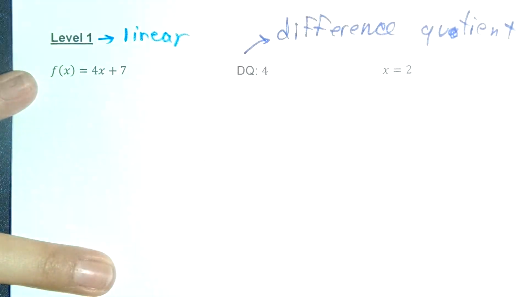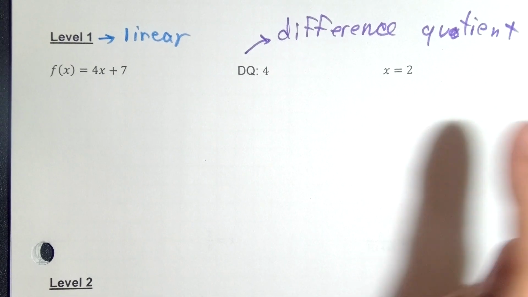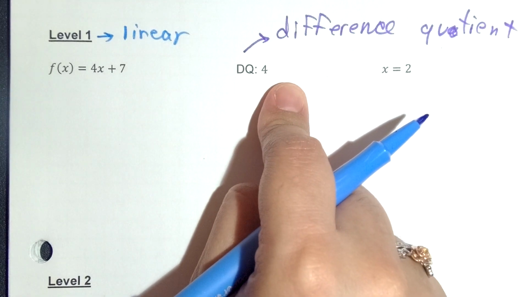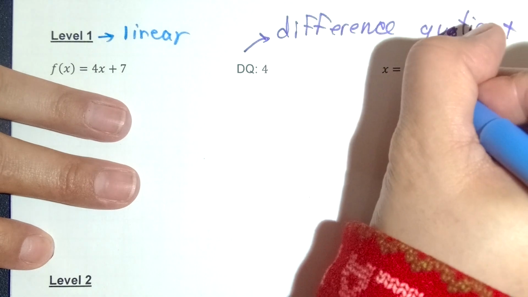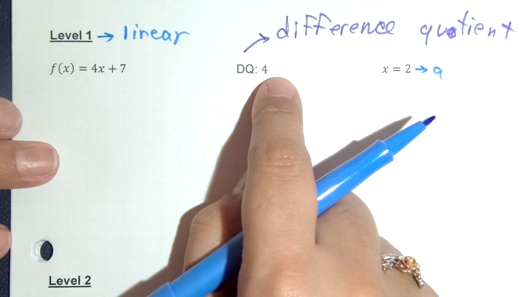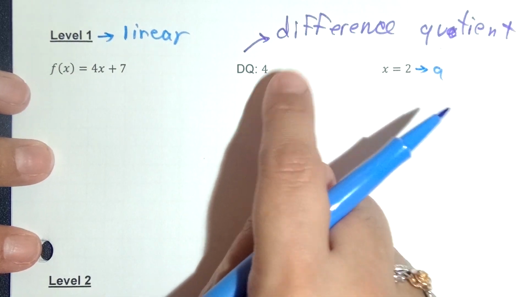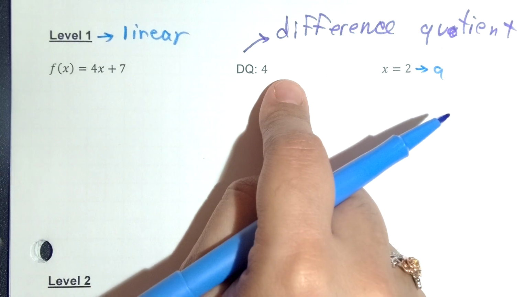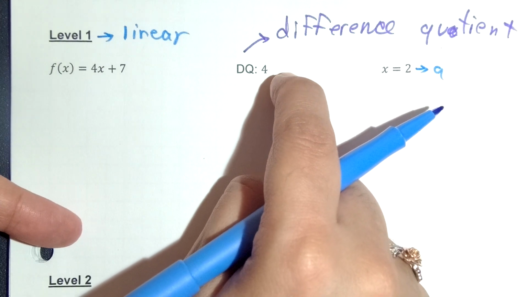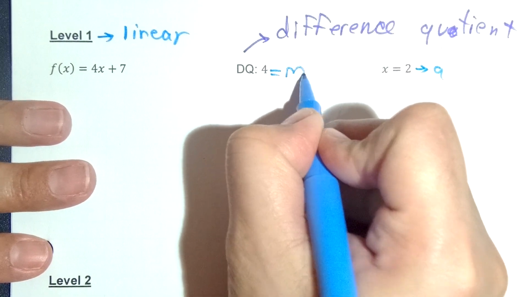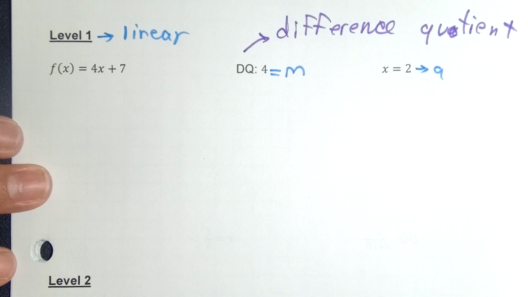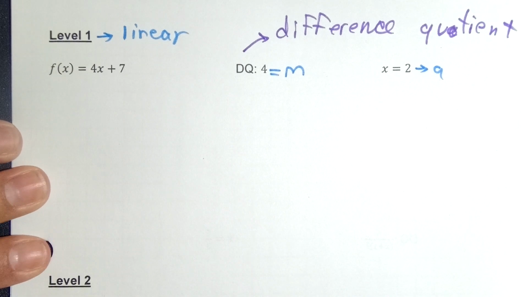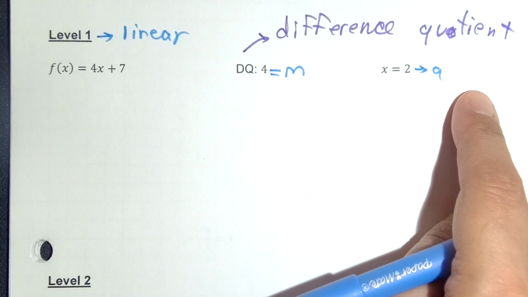Level 1's always linear for difference quotient. We need to substitute in the x value, so this is A, into any x's. Do I have any x's here? No. Because I don't have any x's, I don't have to substitute. This is going to be my slope. Are there any questions on what I said?